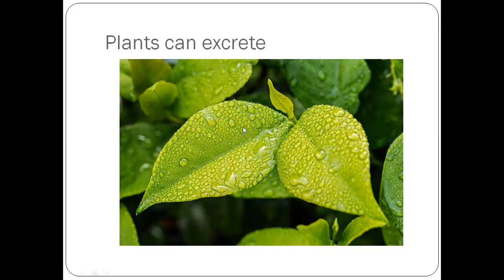We human beings also sweat through our skin. Plants also do the same. And plants also get rid of oxygen. When they get rid of the oxygen, we human beings breathe it in. So plants can also get rid of waste.